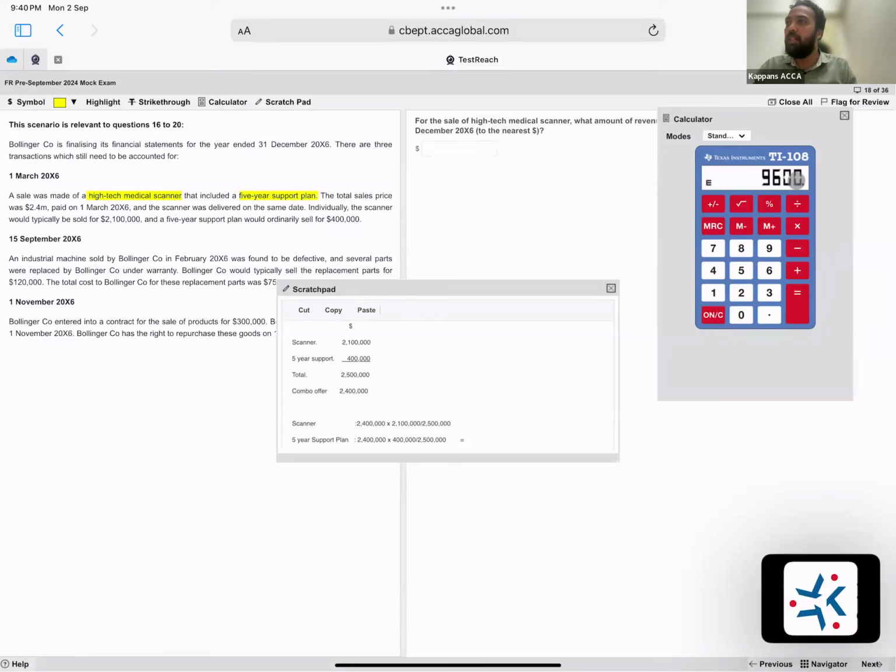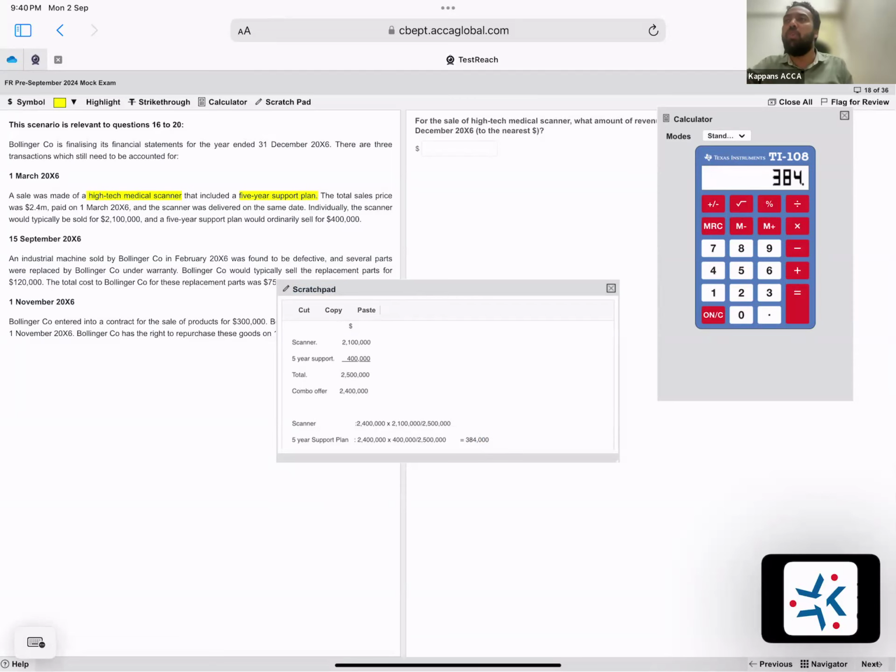There is some mistake here, so let me delete this. So 2,400 multiplied by 400 divided by 2,500. In thousands, it is 384. So 384 thousand. That is the transaction price.